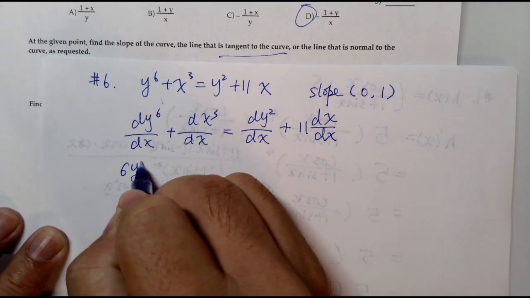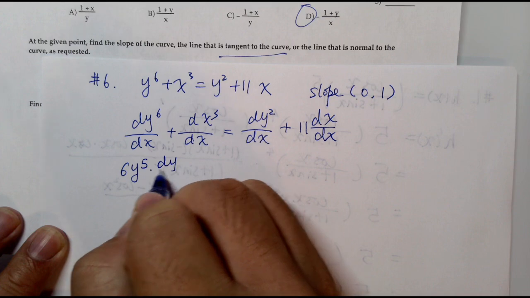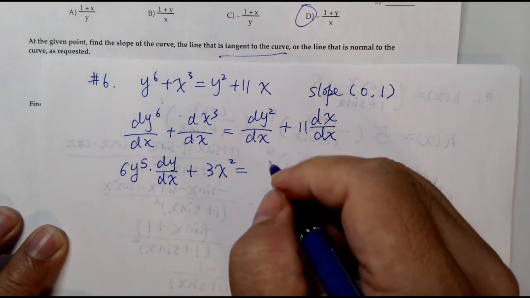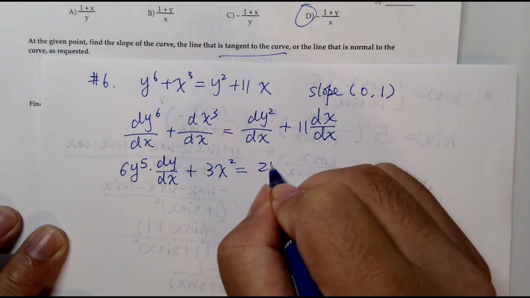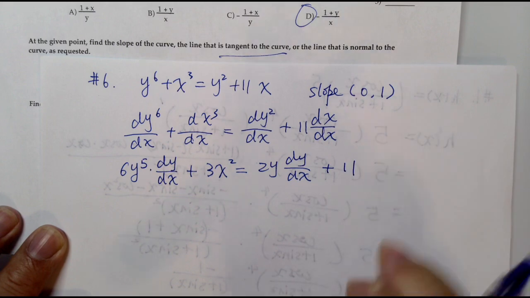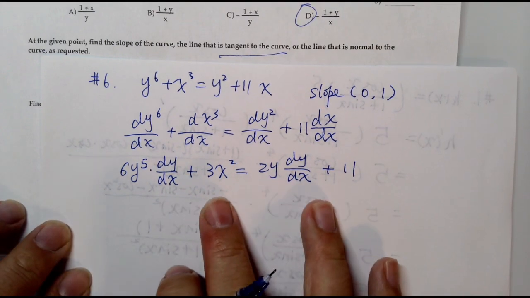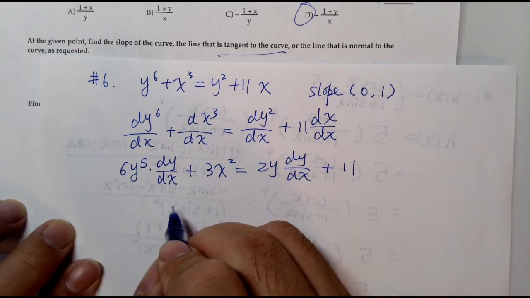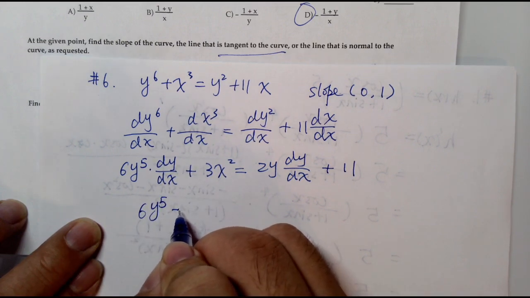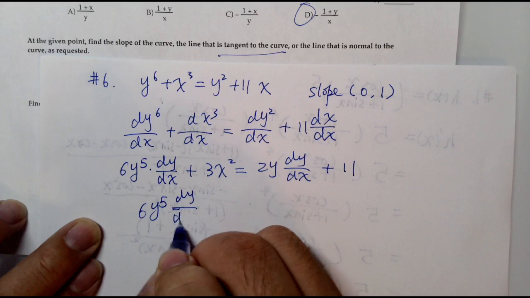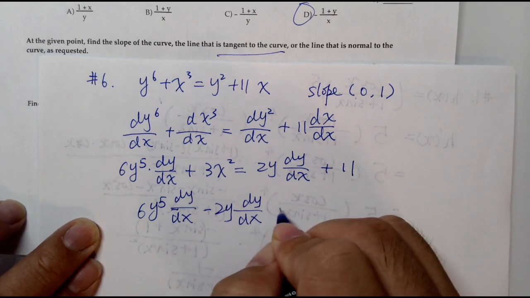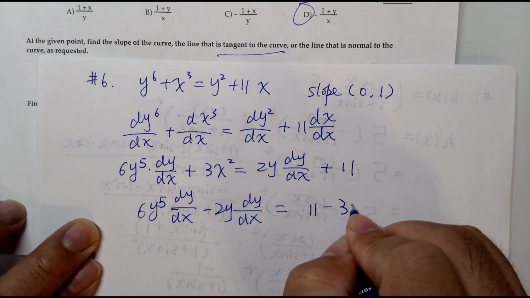So 6y^5 times dy/dx plus 3x squared, right? Plus 1, equals 2y dy/dx, and then plus actually 11, right? So we're looking for this dy/dx here, so that is 6y^5 dy/dx minus 2y dy/dx, right? Equals 11 minus 3x squared.